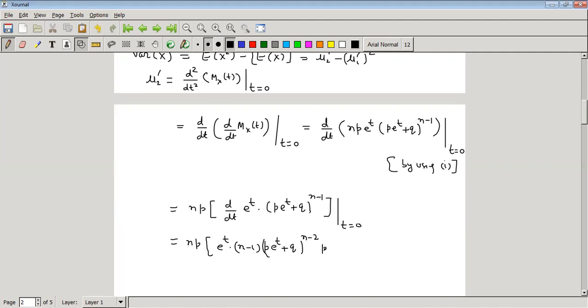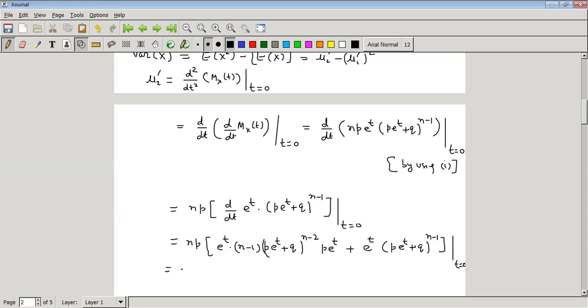So we get p into e to power t plus second, we have to differentiate e to power t, so it remains same. So we get e to power t into (p e to power t plus q) to power n minus 1, bracket close, at t equal to 0.